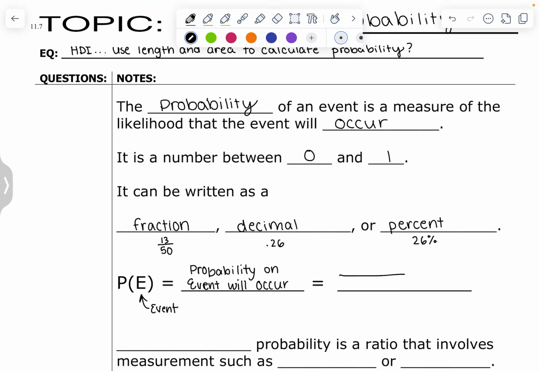And it is calculated by the number of favorable outcomes over the number of possible outcomes.